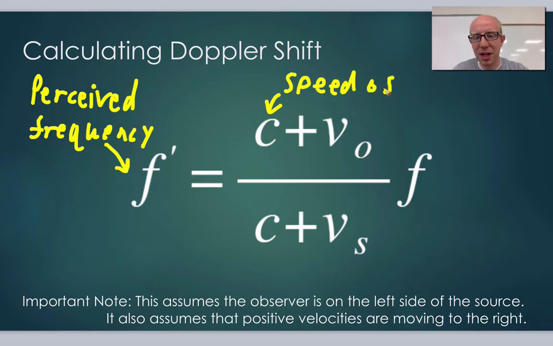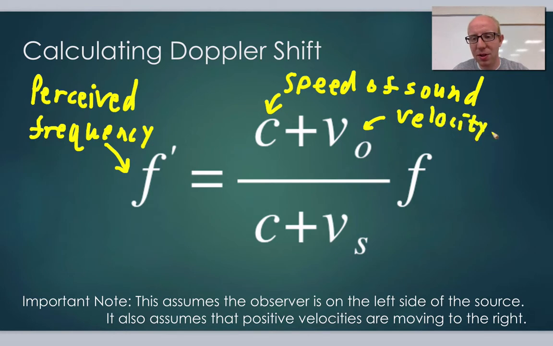Let's just focus on sound for now. The speed of sound plus the velocity of the observer. That is not velocity initial like we've seen in other cases, but the velocity of the observer, over the speed of sound again plus the velocity of the source.